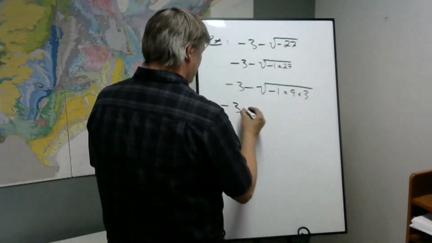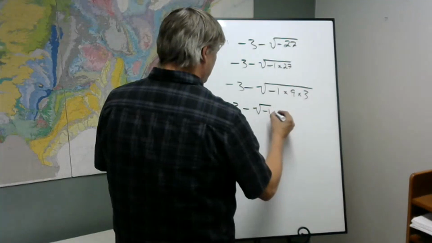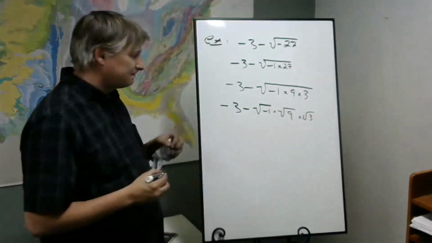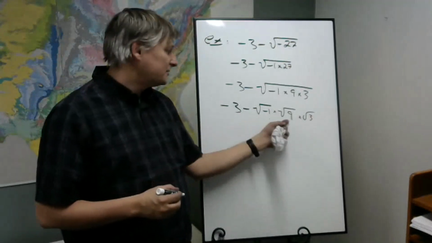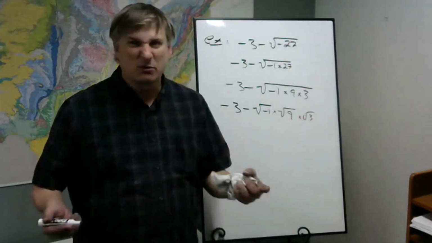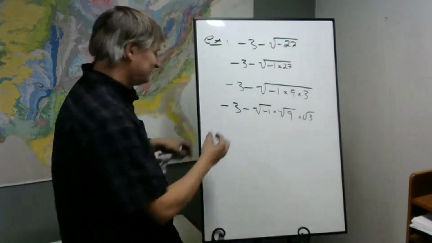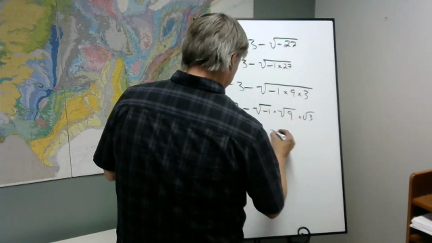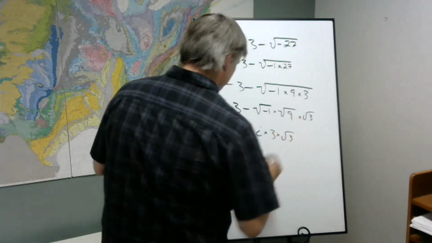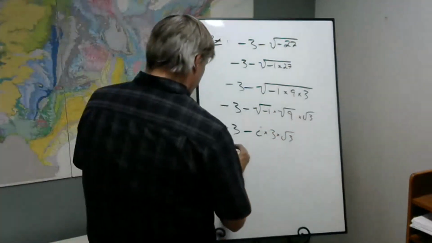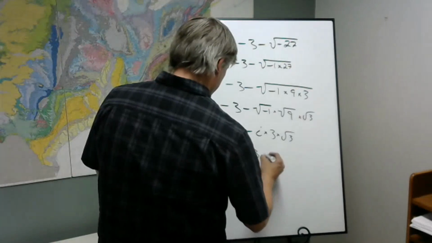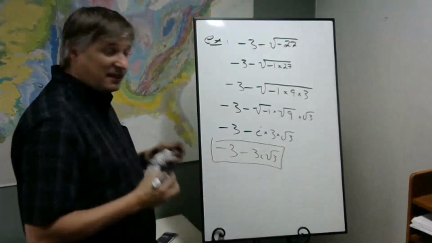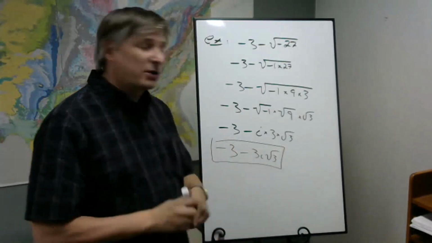Or minus 3 minus the square root of minus 1 times the square root of 9 times the square root of 3. Now this is going to be i. This is going to be 3, and this is just going to stay square root 3 because it's irrational. So what we'll get, and that's going to be our answer. Again, putting the square root 3 in the back.